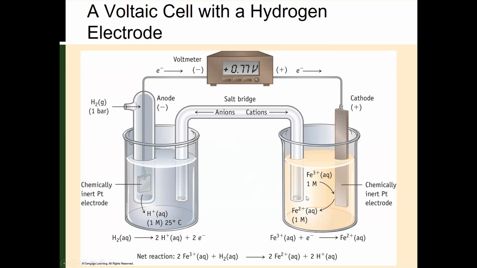Notice that we also have another reaction where iron 3 is being reduced to iron 2. And here I have another platinum electrode. So sometimes the reaction that occurs in solution does not give you a solid metal or consume a solid metal. In this case, your electrode would be inert.